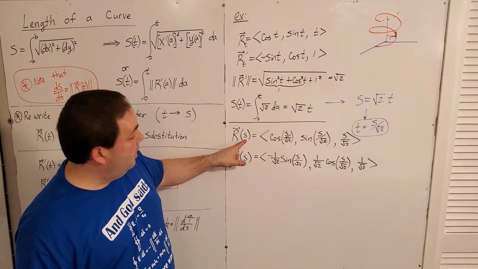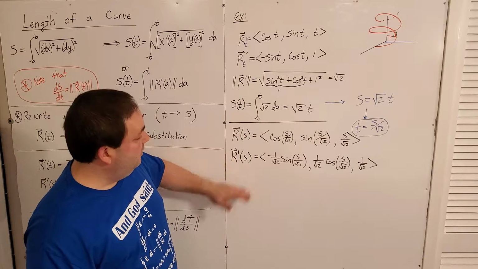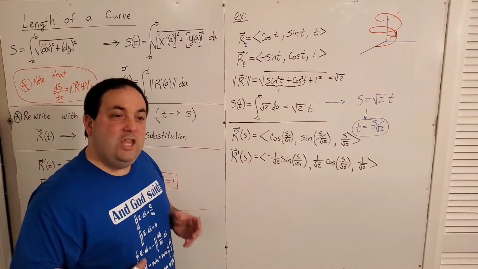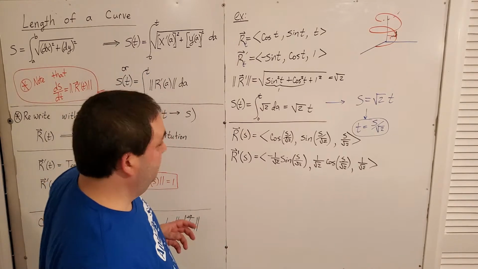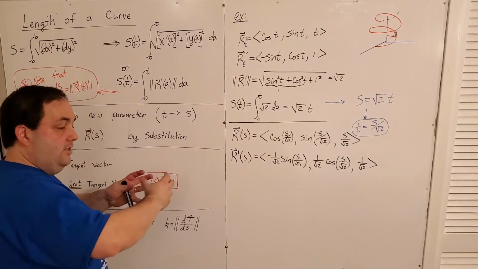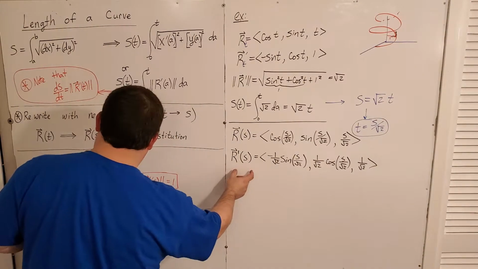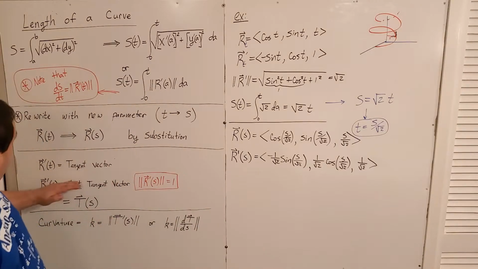Here it's reparameterized with length, and therefore when you take that derivative you actually get a unit tangent vector. Okay, that's due to the way the arc length is changing with the function, right? So right here, that's what I want you to notice right here.